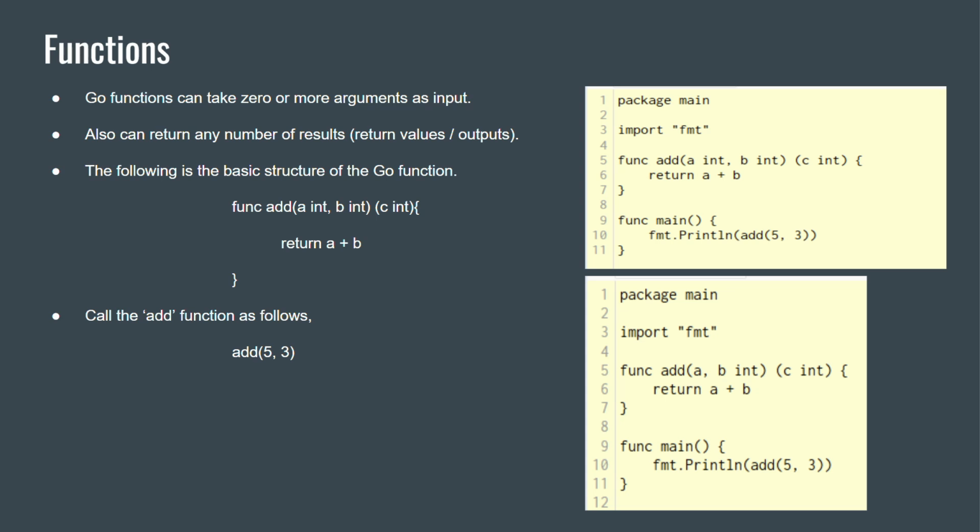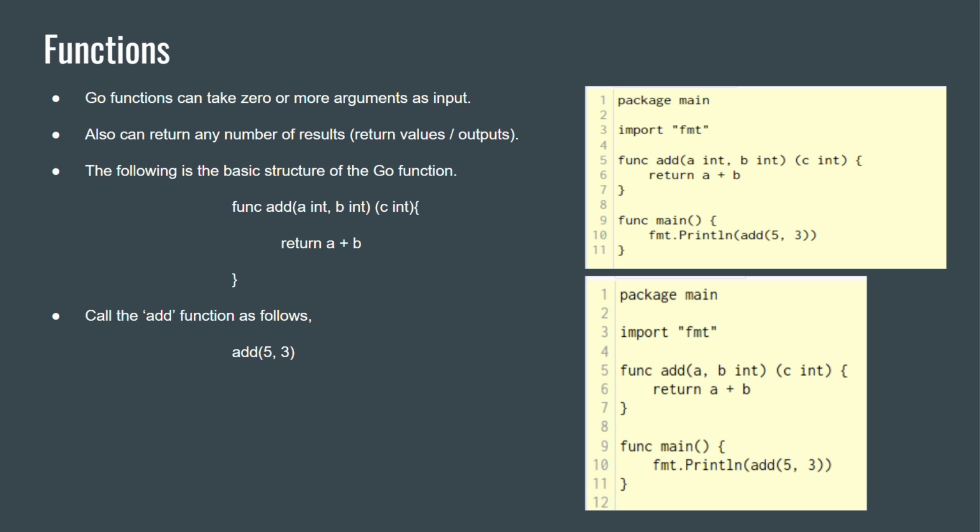Then after a space, we open another pair of brackets to place our return type with its corresponding data type, if there is any return value generated by our function. Then we open a pair of curly brackets. Within that pair of curly brackets, we place our function body.